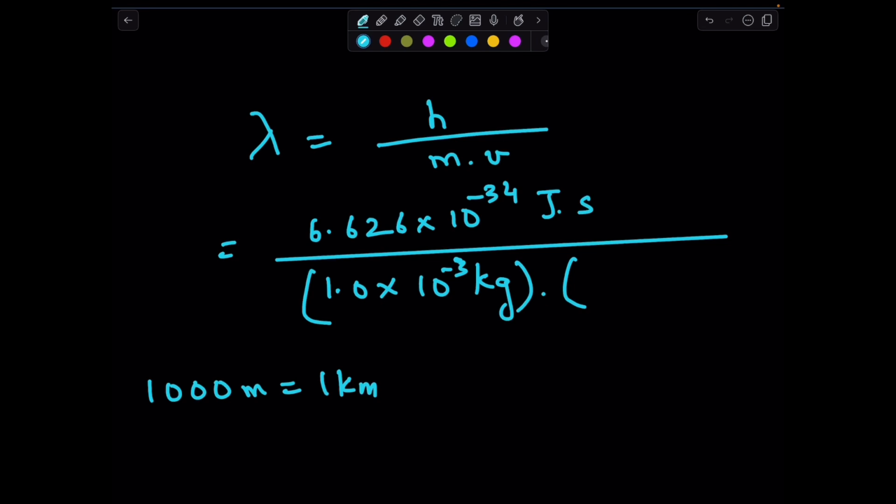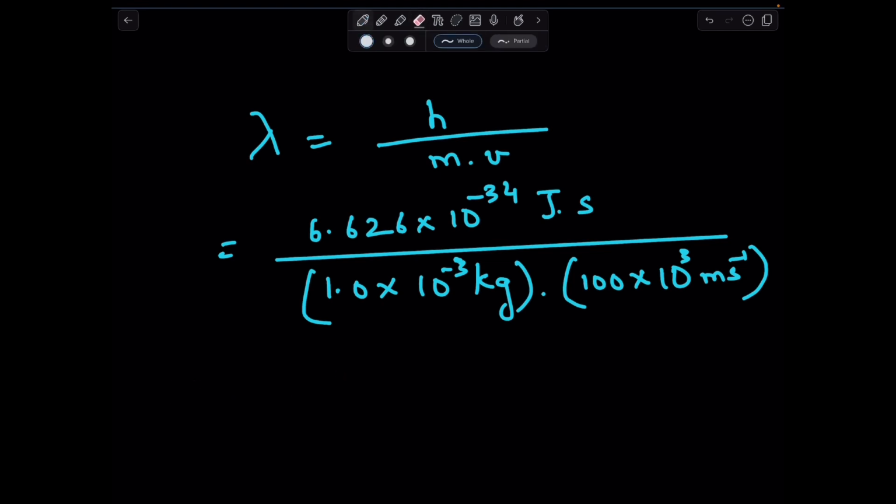So 100 kilometers is 100 times 10 to the power 3 meters per second. We get lambda equals 6.6 times 10 to the negative 36 meters.